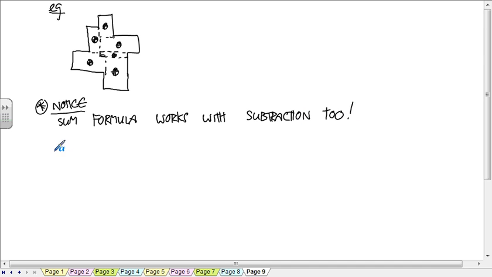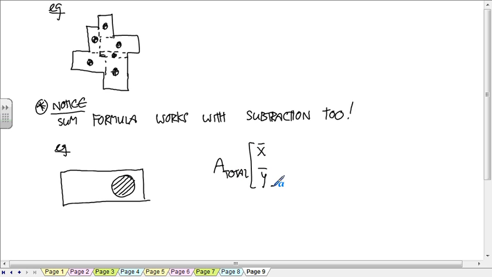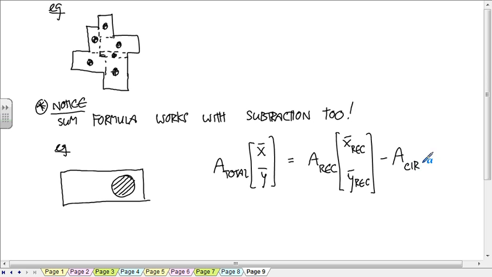So for example, if this is the shape that you want, a rectangular shape with a hole cut out of it, then the total area times the centroid is equal to the area of the rectangle times the centroid of the rectangle minus the area of the circle times the centroid of the circle.